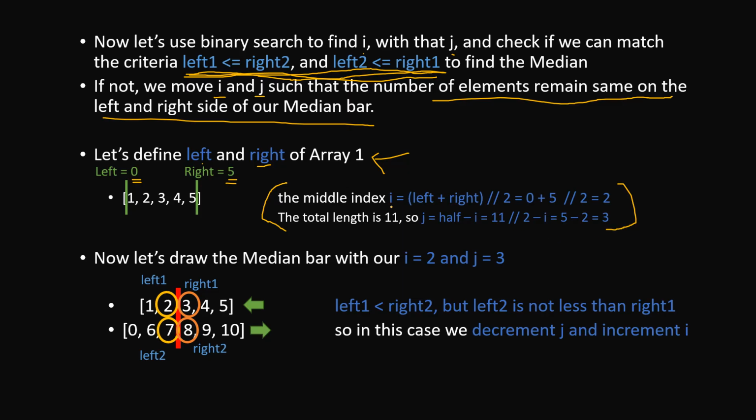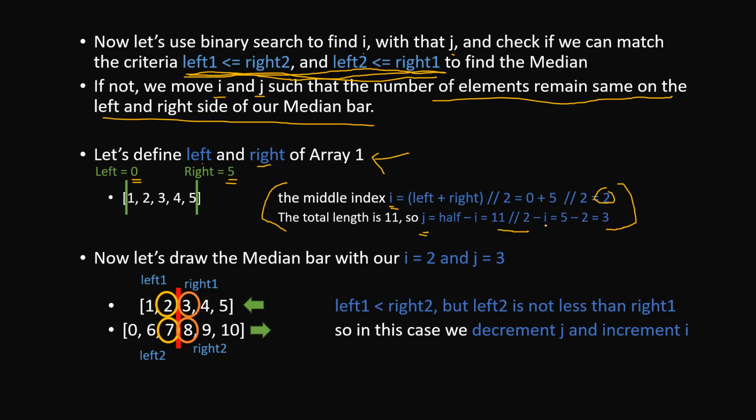The middle value, which is i, is calculated as left plus right divided by 2. We'll take the closest smaller integer to this value: 0 plus 5 divided by 2 is 2.5, but we'll round it down to 2 here. It's 2, and the total length of our combined array is 11. So j is calculated as half minus i.